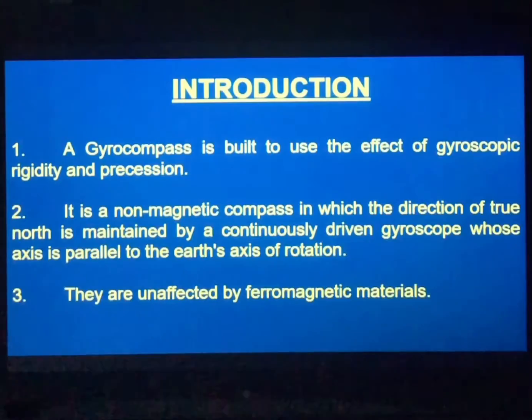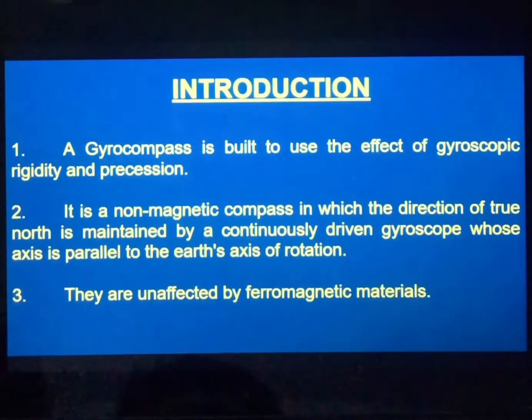Now if we define a gyro compass, it is a device built to use the effect of the gyroscopic property of rigidity and precession. It is a non-magnetic compass in which the direction of true north is maintained by a continuously driven gyroscope whose axis is parallel to the Earth's axis of rotation, as we discussed in the previous slide.